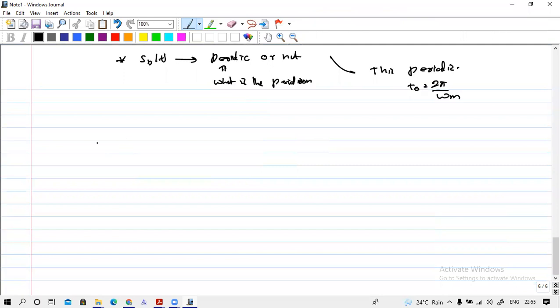Also, you have learned in signals and systems that any periodic signal, actually not any, but we can say most signals.